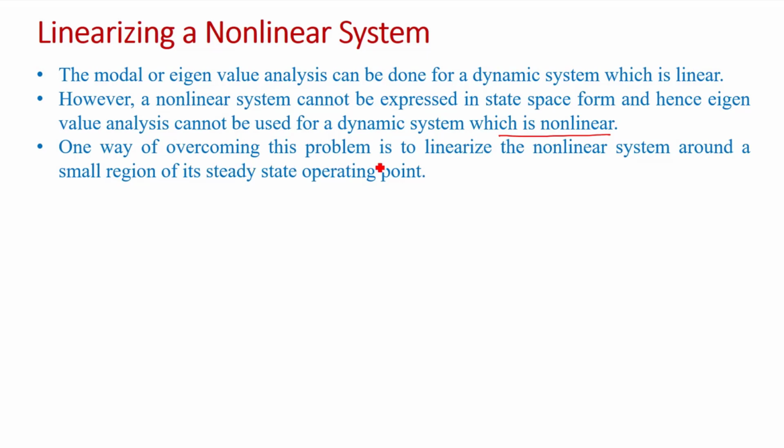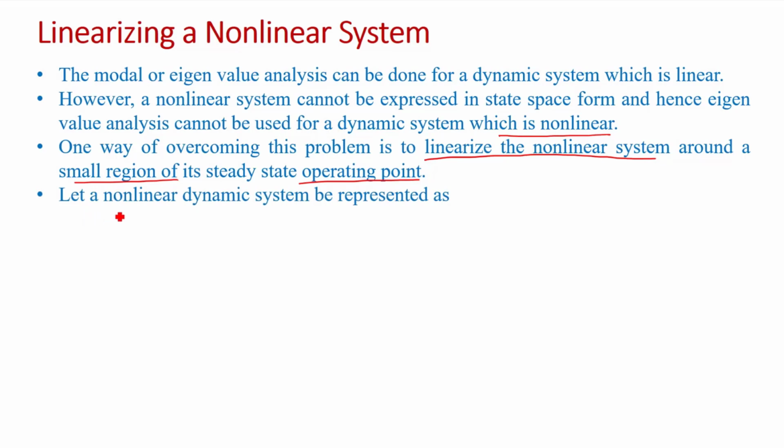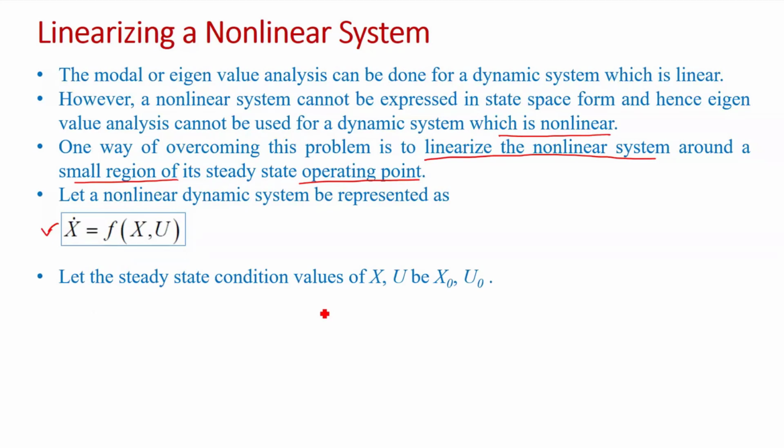One way of overcoming this problem is to linearize the nonlinear system around a small region of its steady state operating point. If we can linearize this nonlinear system around the steady state operating point, then this problem will be overcome. So let a nonlinear dynamic system be represented as x dot equal to f of x, u, right? And let the steady state values of x and u, where x is the state vector and u is the input variable or control input, be x0 and u0.